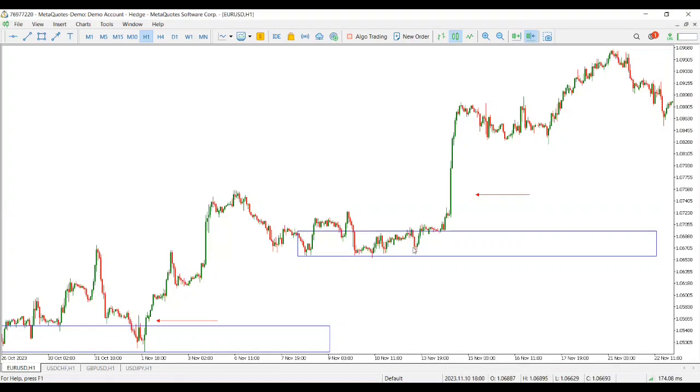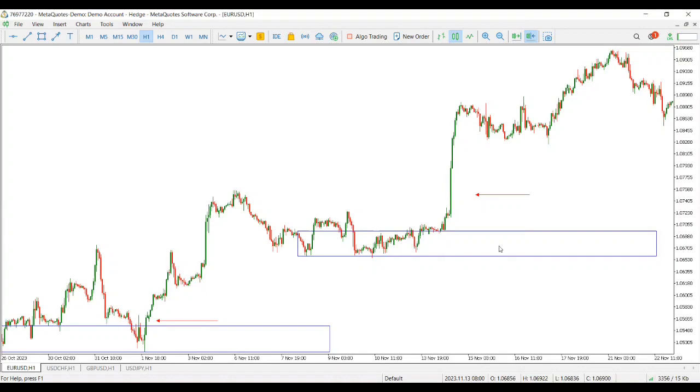I can call it a support zone. It's forming around this area. So that means it meets the first criteria, which is it must form on a support or a resistance level. And when it's forming on a support level, only look for a big body bullish candle, vice versa.